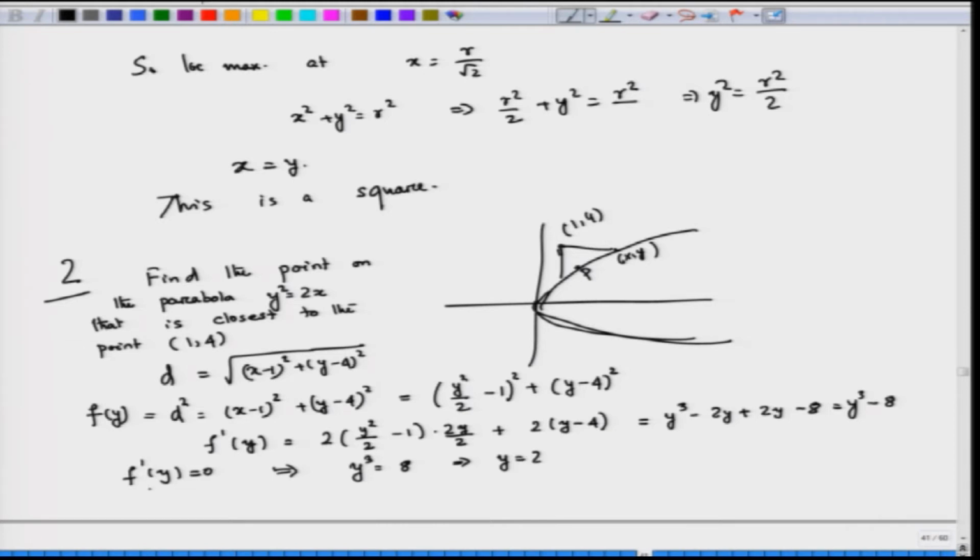Now, if y is less than 2, f prime of y is negative, that means f is decreasing, and if y is greater than 2, f prime is positive. So, y equal to 2 is going to be a local minimum. So, at y equal to 2, f has a local minimum.